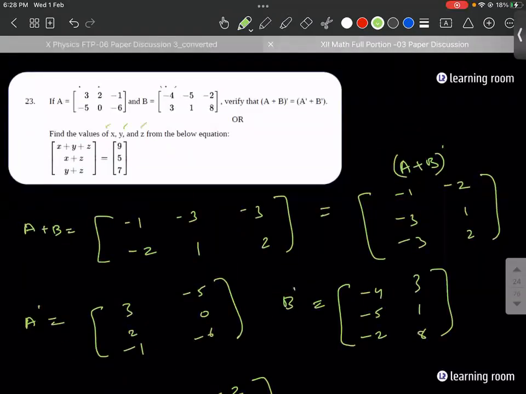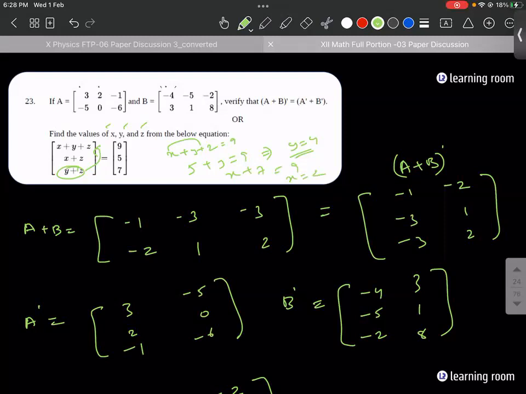Okay, find the value of x, y, z from the below equation. So x plus y plus z is 9. x plus z is 5. So 5 plus y is 9, so y is equal to 4. Similarly, y plus z plus x, that is x plus 7, is 9. x will be 2.